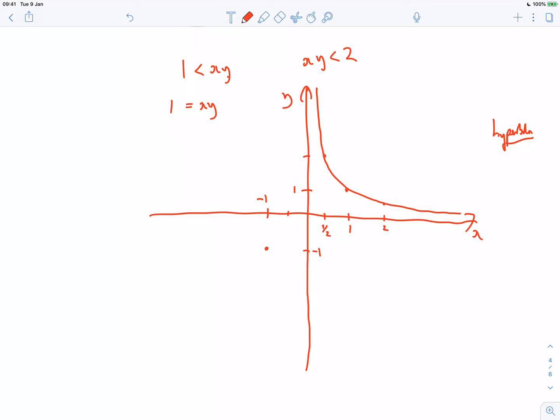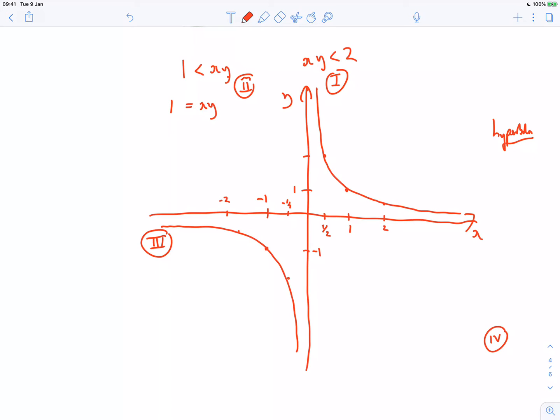And we could have had x is minus a half and y equals minus 2. And we could have had x is minus 2 and y is minus a half. And in actual fact, we're going to get a symmetrical shape in quadrant 3. By the way, this is quadrant 1 in the top right, quadrant 2 in the top left, quadrant 3 in the bottom left, and quadrant 4 in the bottom right.